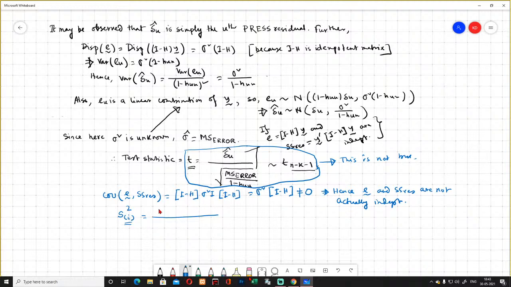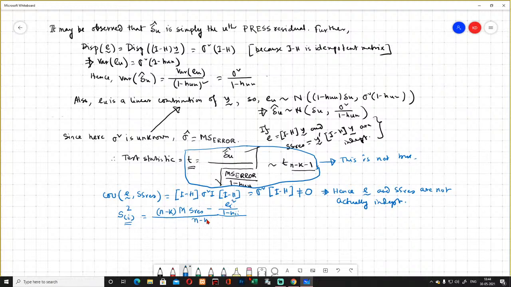So we already knew this result, (n − k) MS due to residual or error minus e_i square over (1 − h_ii). Now we exclude the ith observation and define this thing. We already developed this in our previous class.